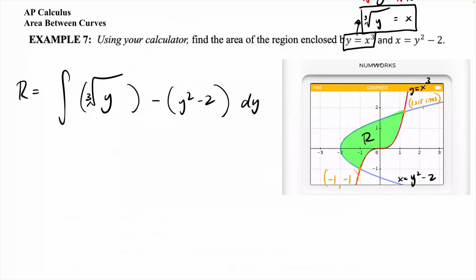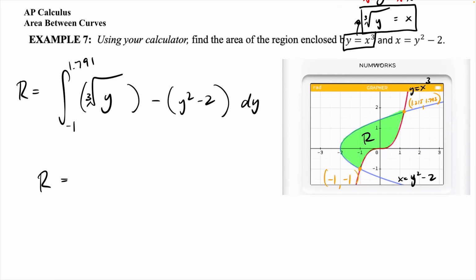Okay, so here we go. We got -1, because -1 was the first Y value. And then positive 1.791, you guys said? That works. Hard part's done. What did it say on there?